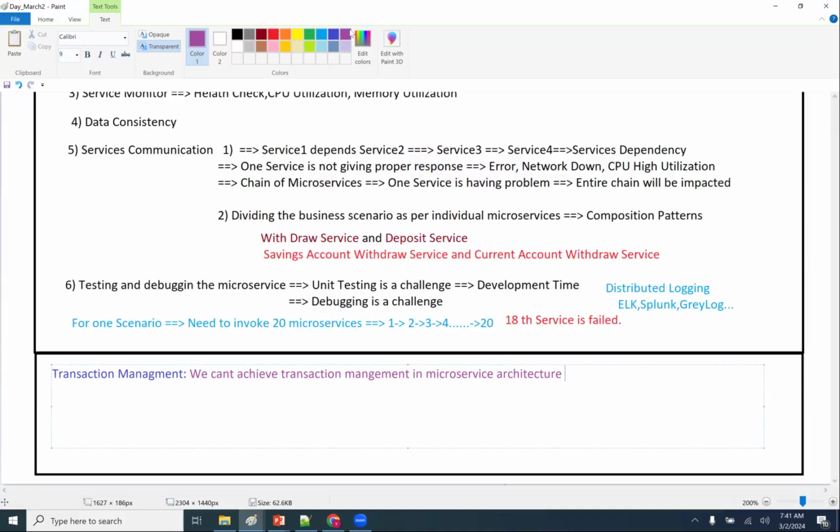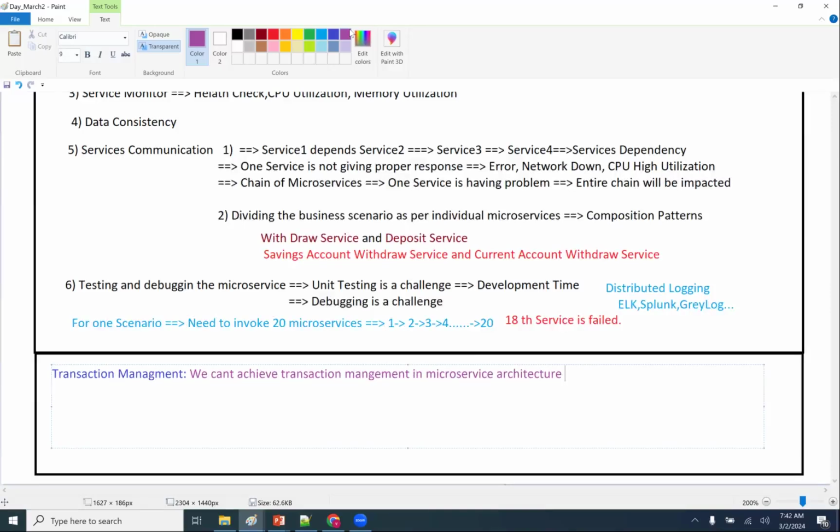Just now I mentioned, right? Service 1 to service 20, the 18th service failed. Now the data which moved through till the 17th service is there in the database. The 18th will not be there, 19th will not be there, 20th will not be there. That is leading to data inconsistency. Right, sir? Yes or no, guys?